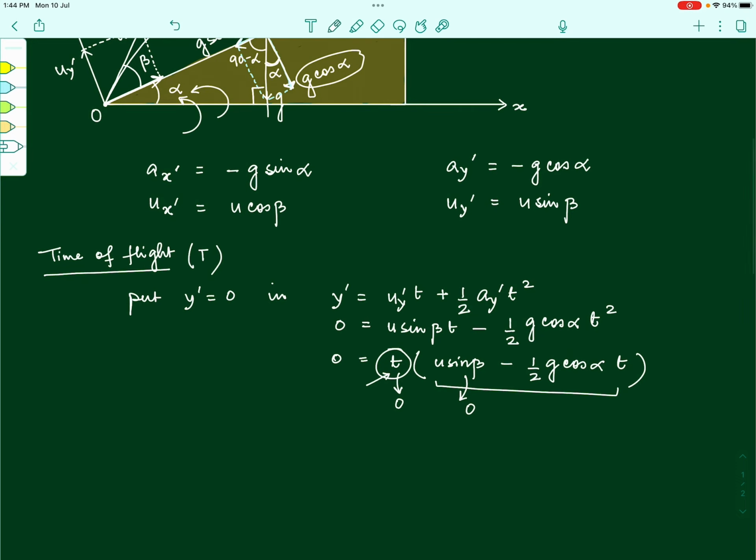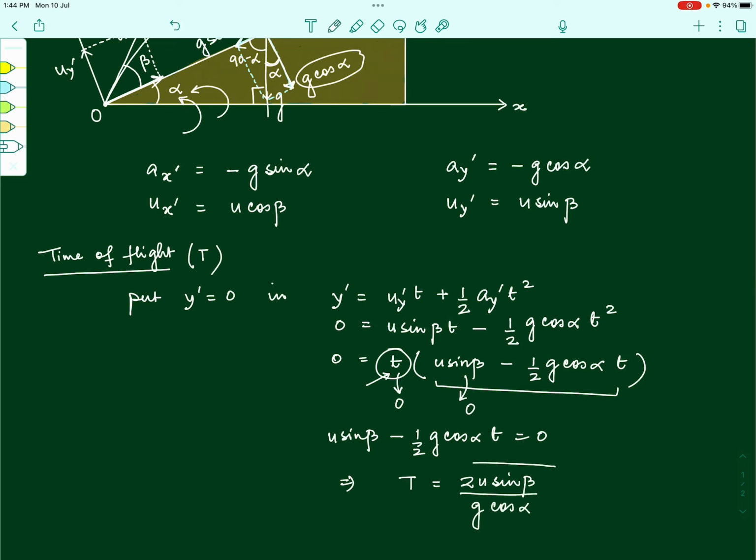When we do that, we get u sin beta minus half g cos alpha into t equal to 0, and that gives us the value of t, which has now become capital T, the time of flight, as 2u sin beta by g cos alpha.